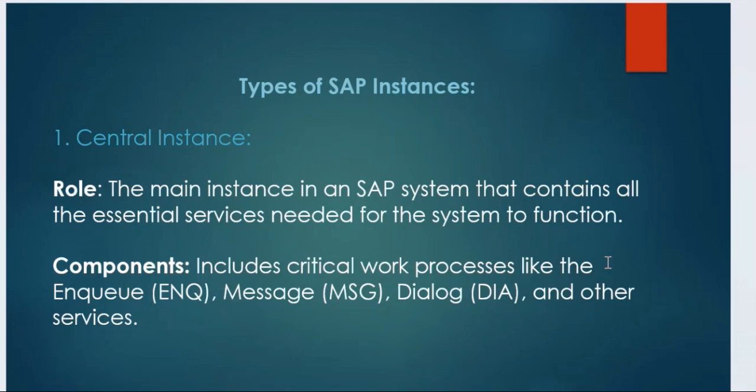First is the central instance. What is the use of this central instance? The central instance is a collection of processes and resources that make up our SAP system. For example, it includes components like NQ, message, and dialog as well.